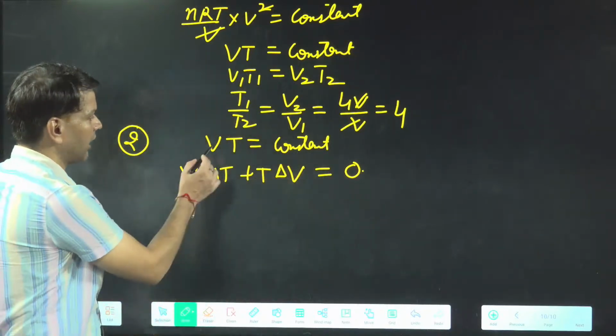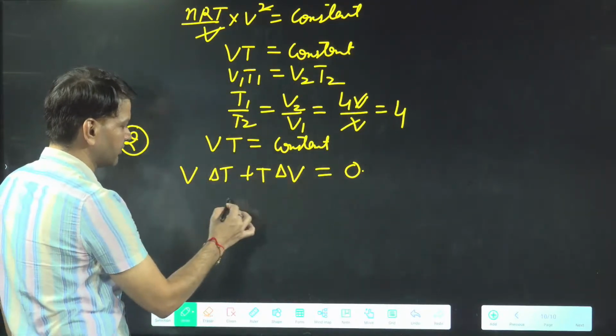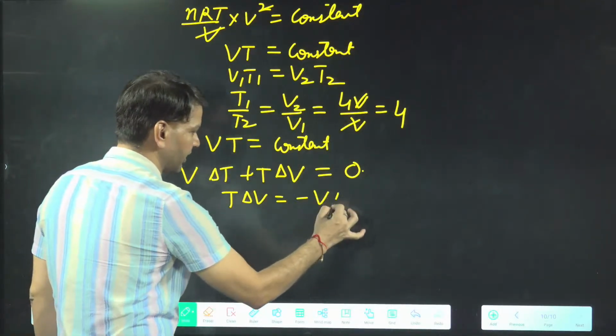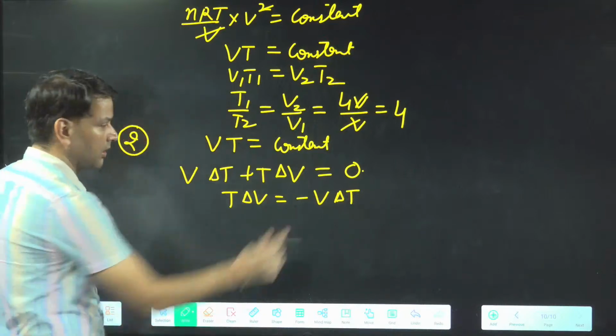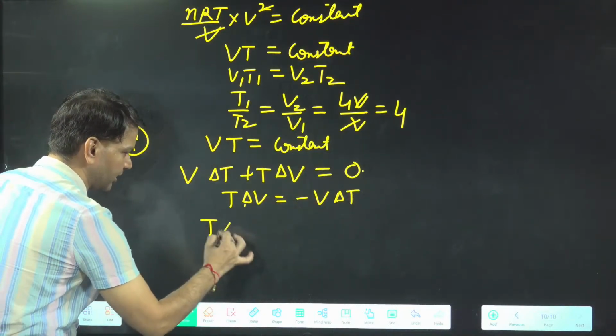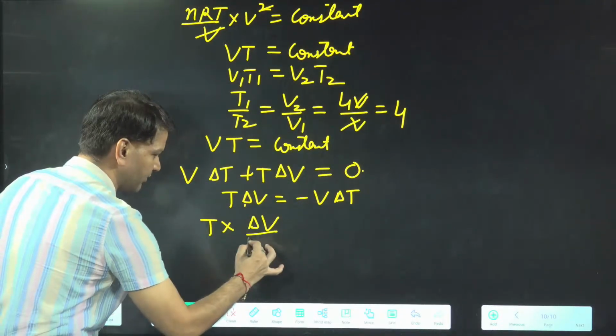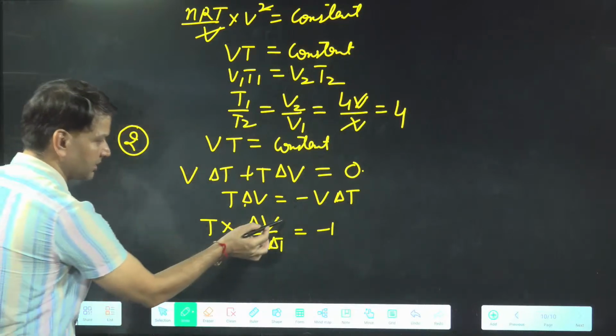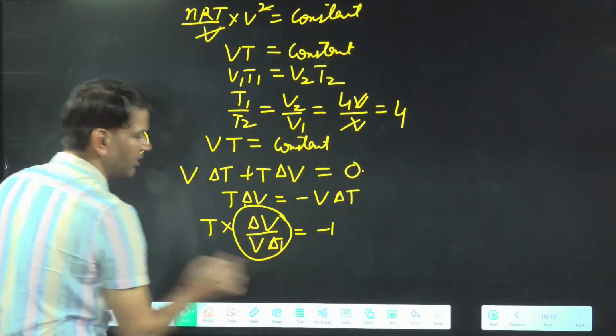Now shifting to the other side, I get T delta V equals minus V delta T. Now shift V and delta T to the denominator, then you get T into delta V by V delta T, that is equal to -1. This quantity I can write as gamma.